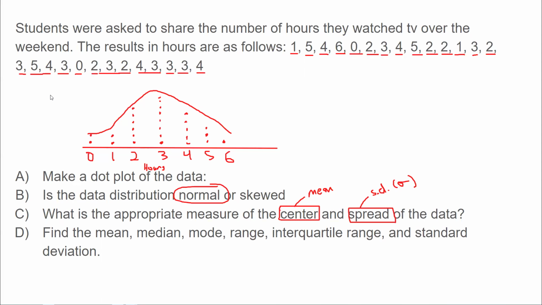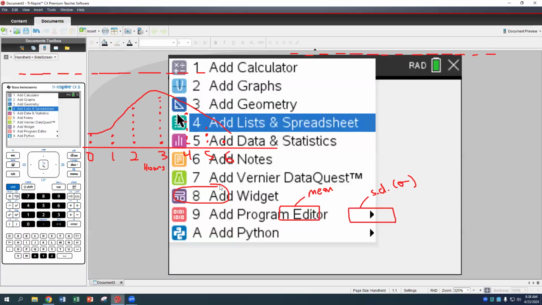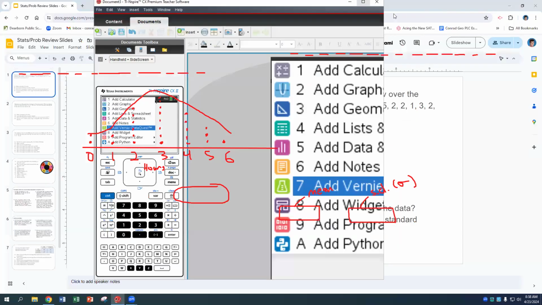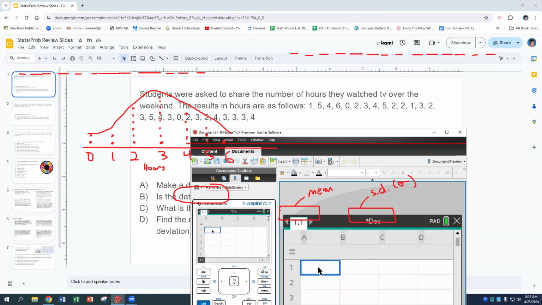What we're going to do is go to our calculator. We're going to add a list and spreadsheet, and then put the data in here.